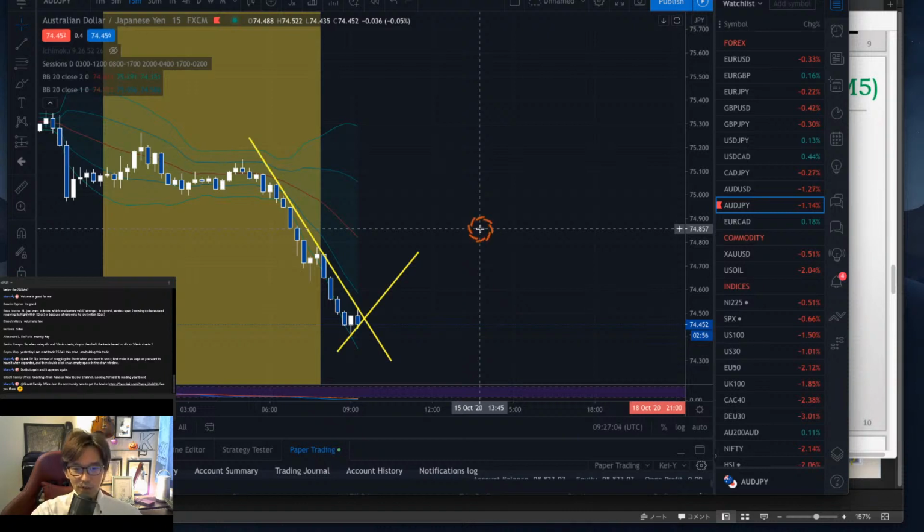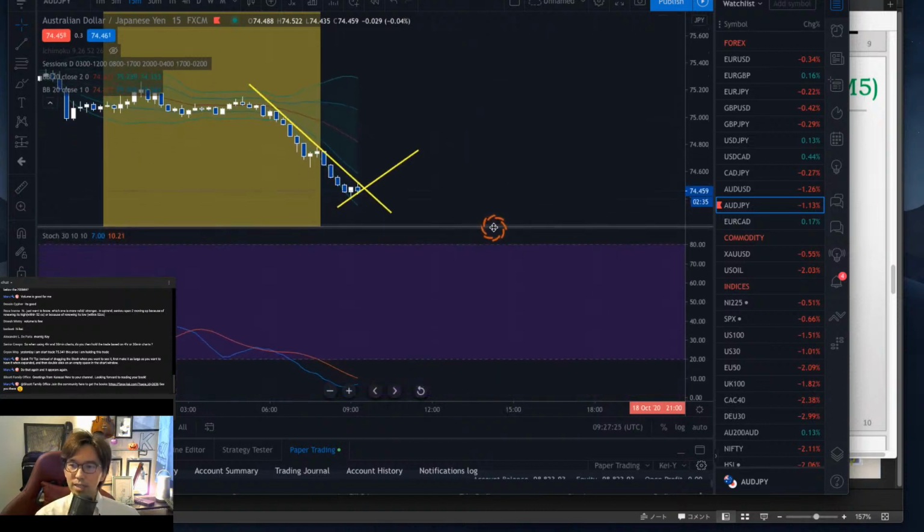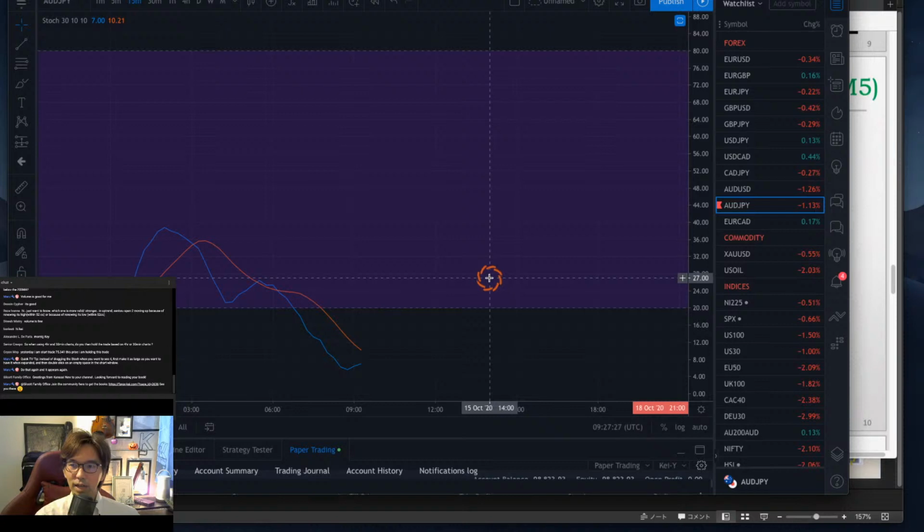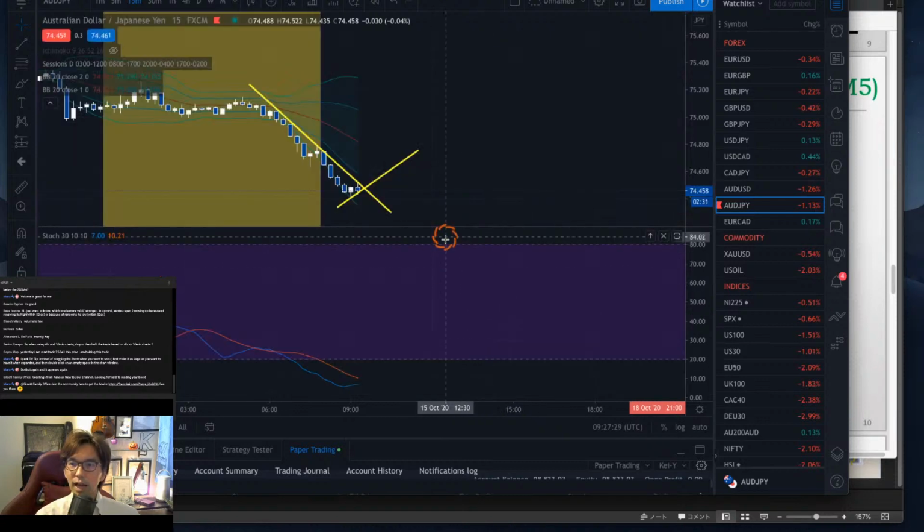Oh, Maru-san, thank you for the TradingView tip. Instead of dragging the stochastics, when you want to see it, first make it as large as you want to have it when expanded, and then double click on the empty space in the chart window. So I go like this and I just double click the empty part like this, and it actually goes down.